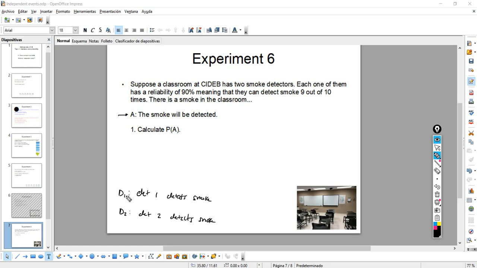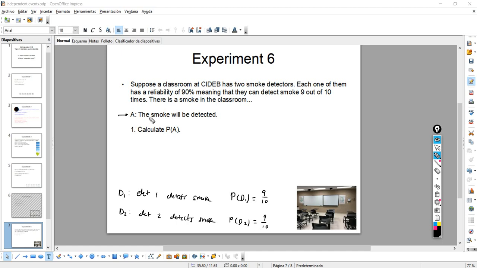Then I already know the probabilities of both D1 and D2. The probability of D1 is 9/10, and also the probability of D2. Okay, so can I reinterpret the event A somehow using the events D1 and D2? And the answer is yes.